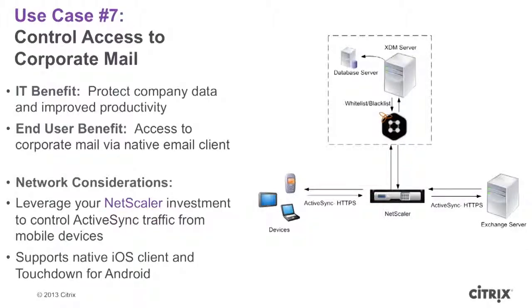decide what are the terms for getting access to Exchange. And the way this works, you can actually leverage your NetScaler investment if you have NetScaler, is that NetScaler kind of sits in the middle as the gateway, right? So as the devices are querying the Exchange server for access via the ActiveSync protocol, they'll actually do a call-out query to the XDM server, sorry, we renamed that.